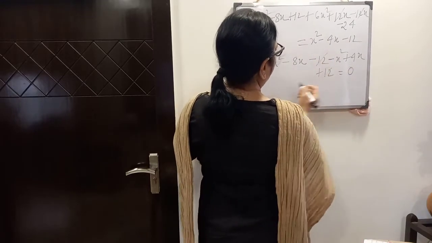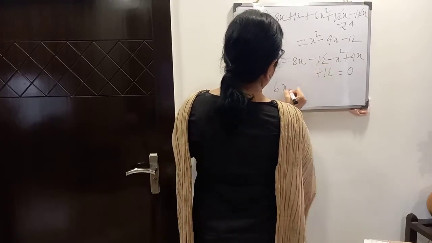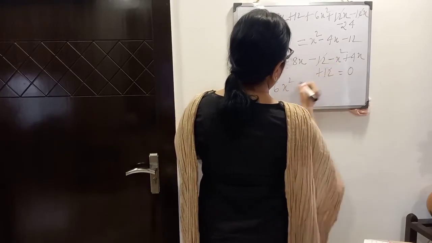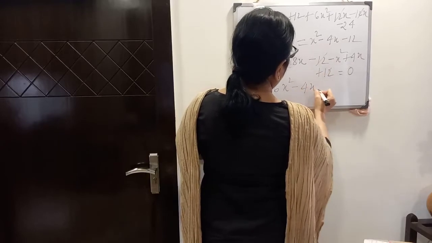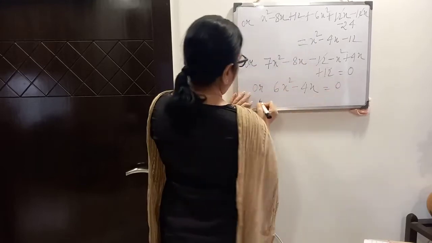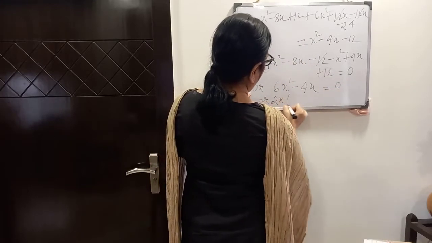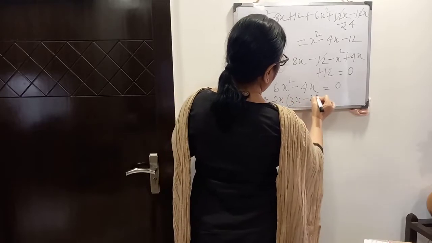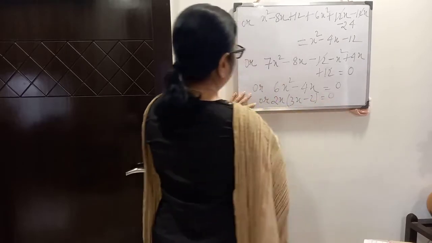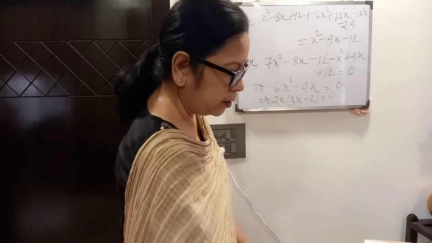Now these and these will be cancelled out. 7x square minus x square means 6x square, minus 8x minus 4x. Any related term? No. Now from here what can you take common? 2x. So from here we are getting 3x minus 2 equals to 0. So the product of two factors is 0 means either this is 0 or that is 0.